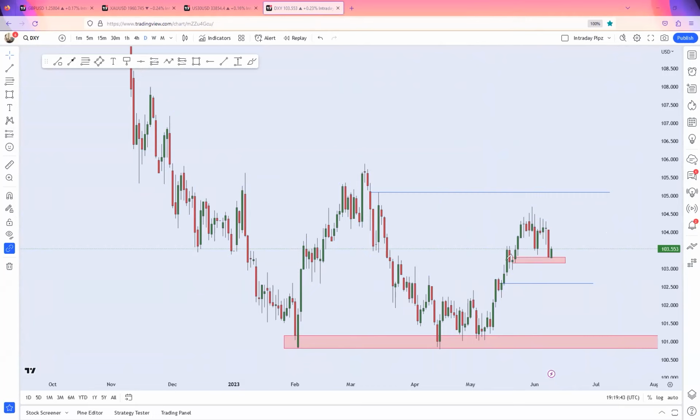Basically, we saw price do level 1, level 2, and level 3. At this point, I had expected an extended level before a correction or a reversal, but it did not happen. So now what are we looking forward to?